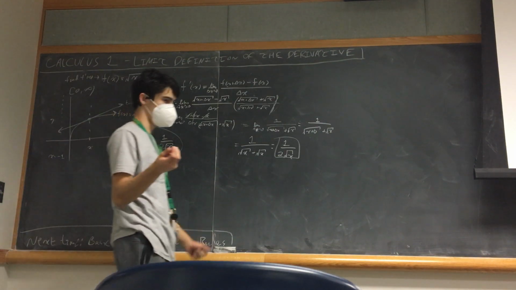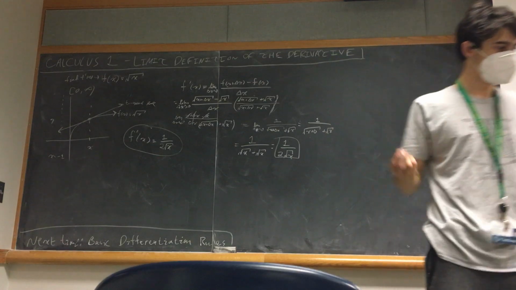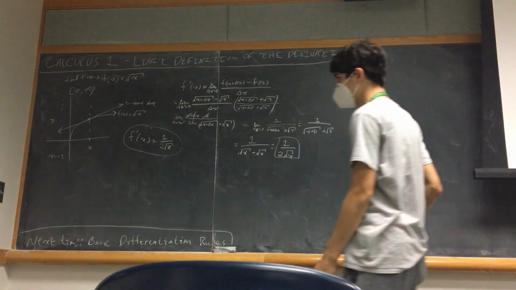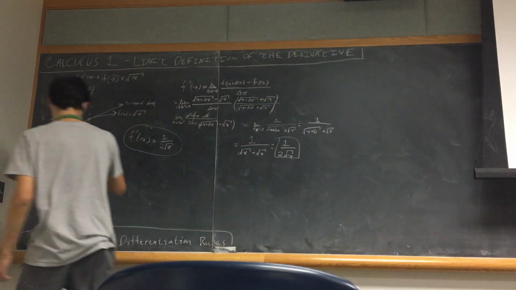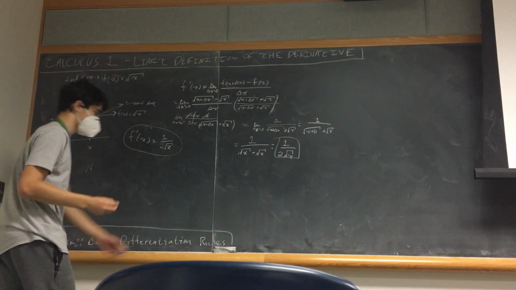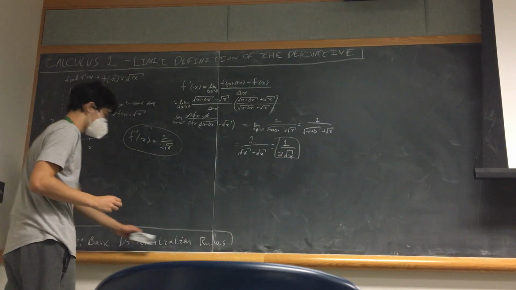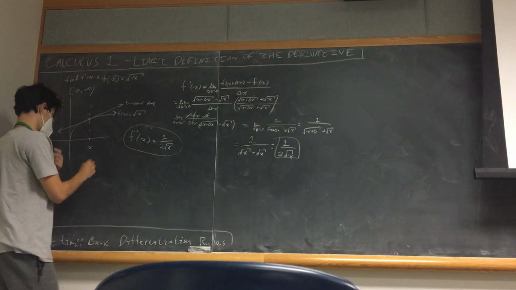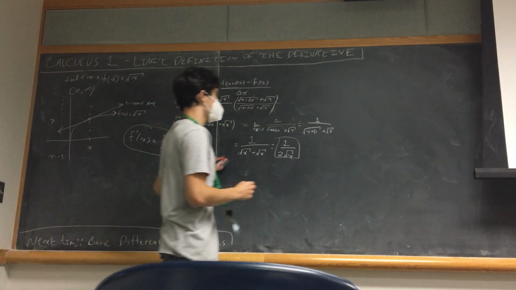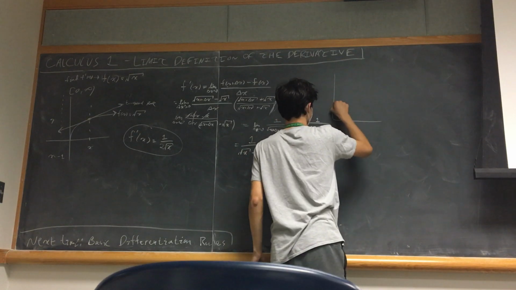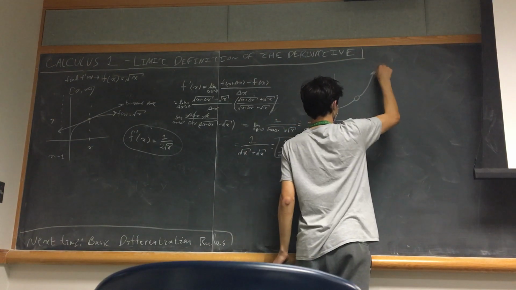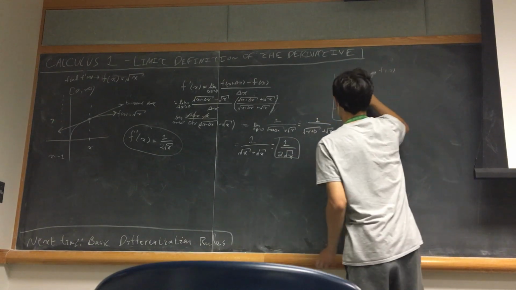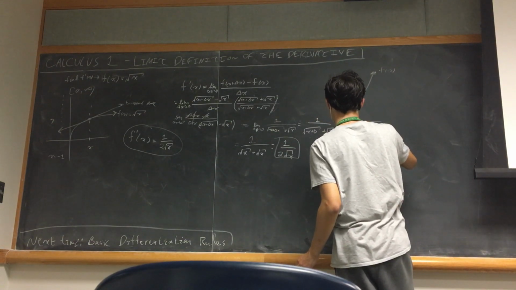So that brings up some rules for differentiability. First one, if a function f of x is not continuous at x equals c, then it's not differentiable at x equals c. Say, for instance, we had a graph here, and this is f of x. And let's say this is x equals c.